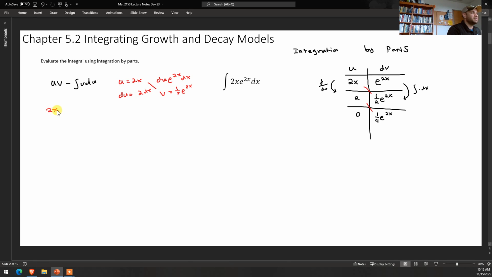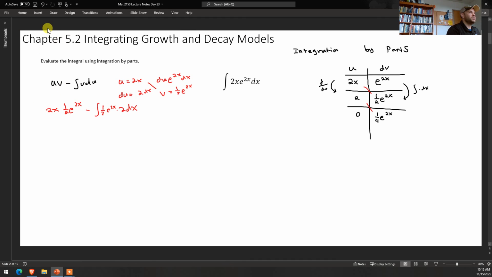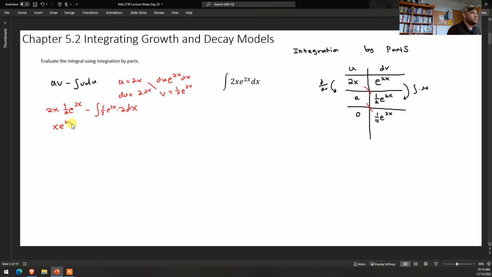That is 2x times 1/2 e to the 2x minus the integral of 1/2 e to the 2x times 2 dx. So now we can simplify this one, and you can see we get our answer. Let's simplify it. 2 times 1/2 cancels here, and we get x e to the 2x minus 1/2 e to the 2x plus our arbitrary constant c.